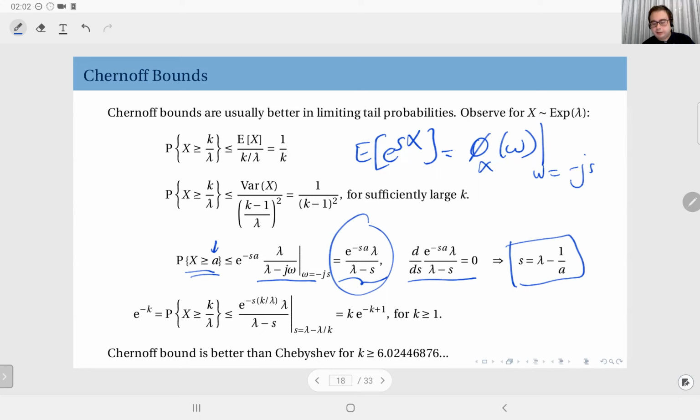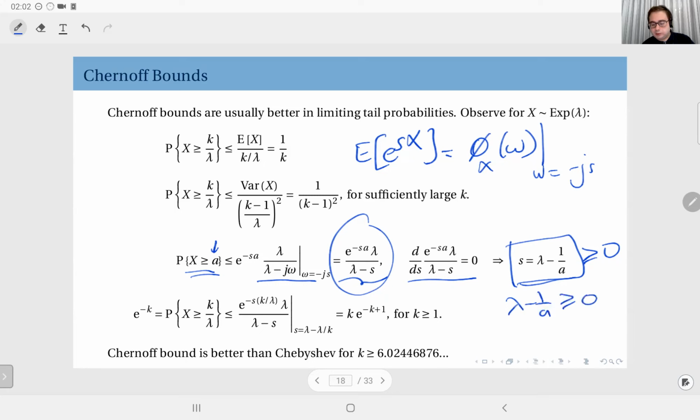But let me remind you again that this should be greater than or equal to 0, because that is the condition for which the Chernoff bound is valid. Therefore the Chernoff bound will be useful only when lambda minus 1 over a is greater than or equal to 0.